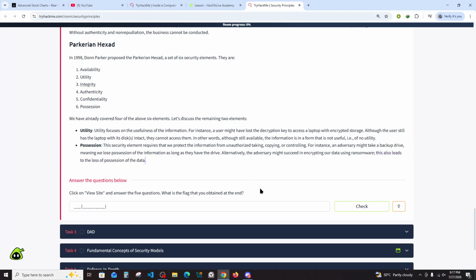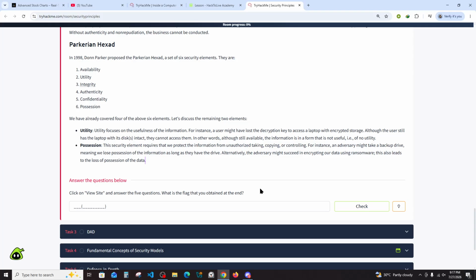Also, focus on usefulness of information. For instance, although users still use this content, they cannot access them. In other words, although still relevant, is not useful. अच्छा utility data. Possession. The security elements require that we protect the information from unauthorized taking, copying, and controlling.